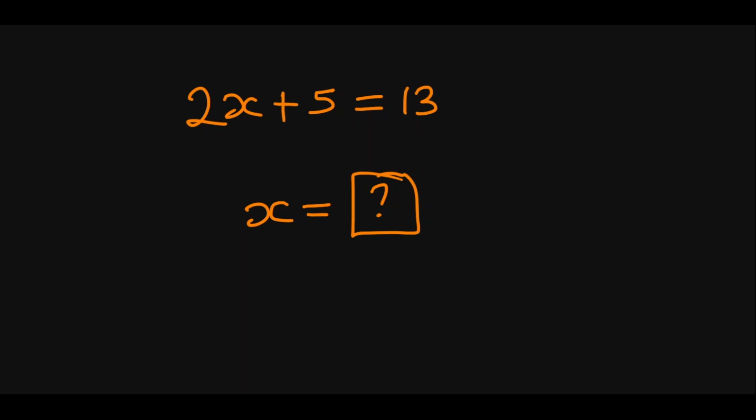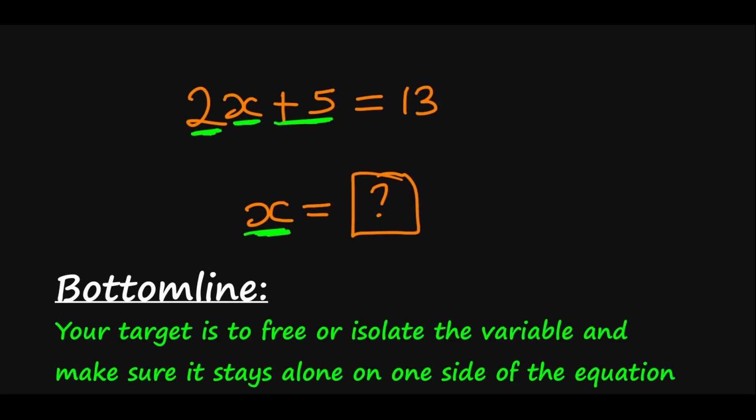The processes will involve disconnecting this x from this 2 and this plus 5 and pushing all of them away to the other side, leaving only x on one side. So what I'm trying to say in essence is that the first step to finding the value of a variable in an equation is to have at the back of your mind that what you want to achieve is to have just that variable standing alone on one side of the equation and every other thing on the other side.